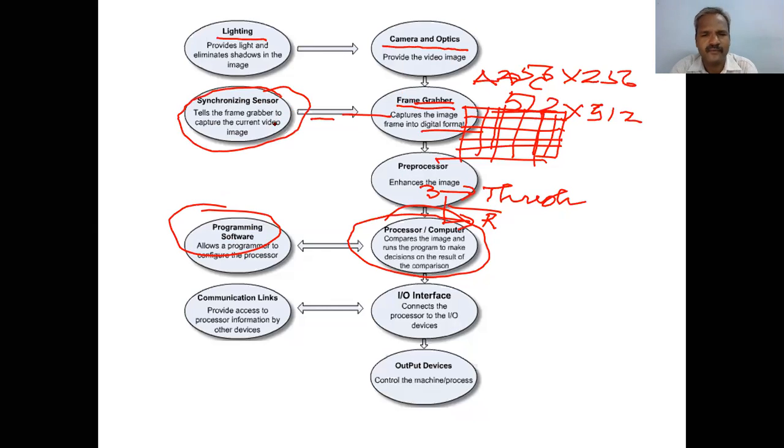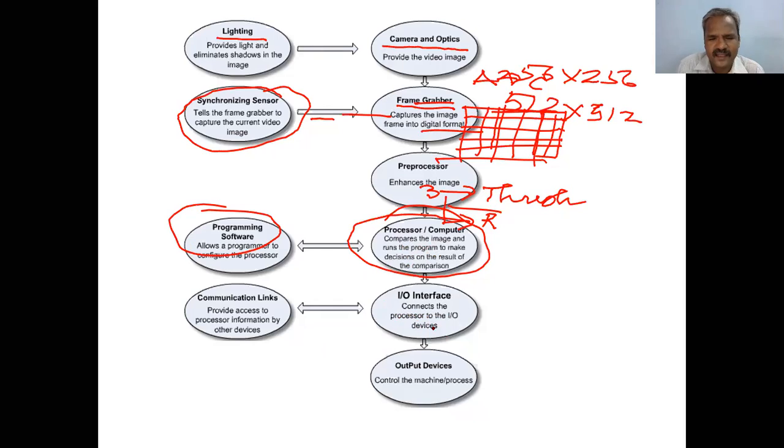That sensor tells the frame grabber to capture the current video image. When an object approaches the proximity sensor in the field, the frame grabber is told to capture the image. Then it is processed in the computer.